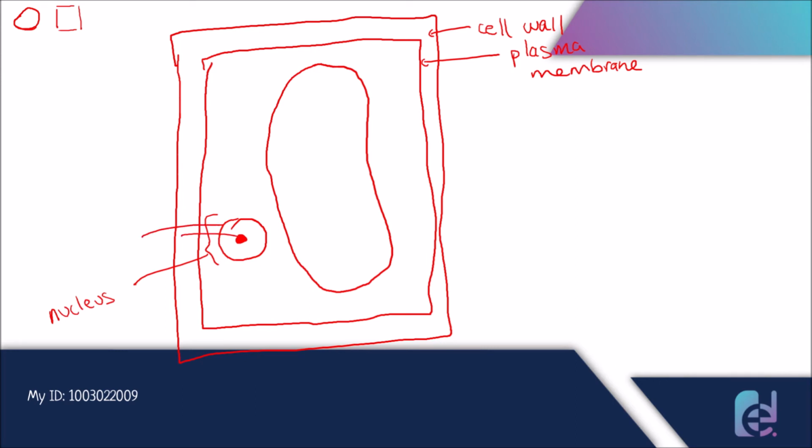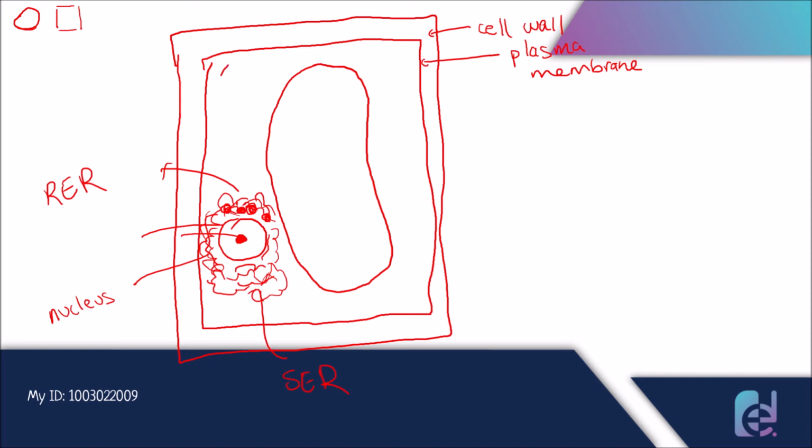Okay, and then now we can draw the endoplasmic reticulum around the nucleus. And then this one we'll call rough ER. It has the ribosomes. This one can be smooth endoplasmic reticulum.